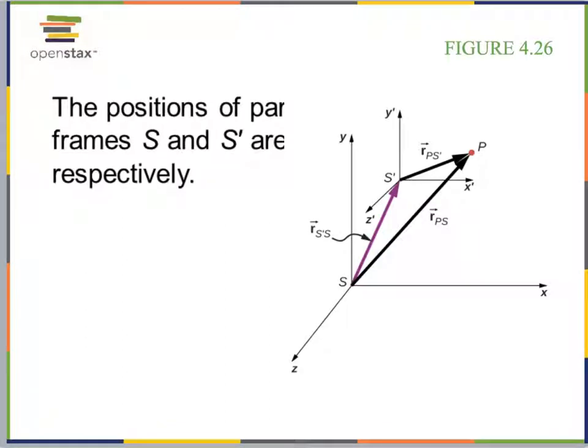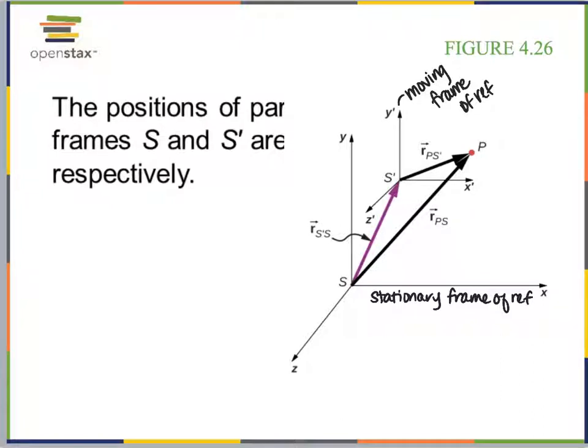So we're going to start off with this picture. This is a picture from your book, and it might be kind of confusing, but this is your moving frame of reference. You could think of this as your truck. And then this is your stationary frame of reference.